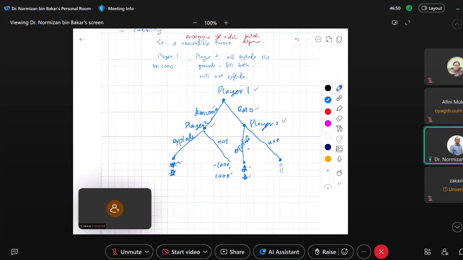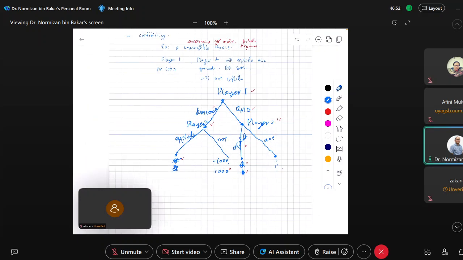Is the threat by player 2 credible? Or can we believe that player 2 will explode the grenade?